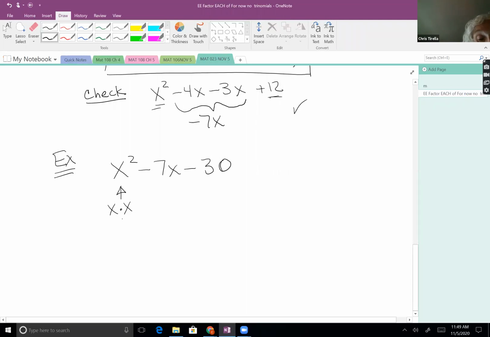My only choices are x times x. And now let's see, what would multiply to give us 30? 1 times 30, 2 times 15, 3 times 10, 5 times 6.